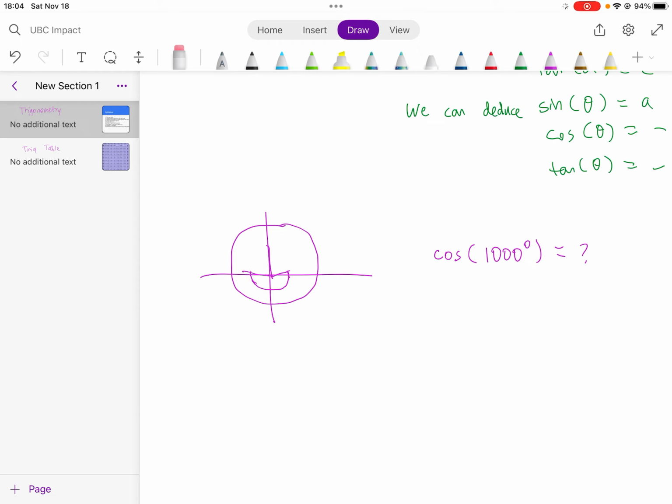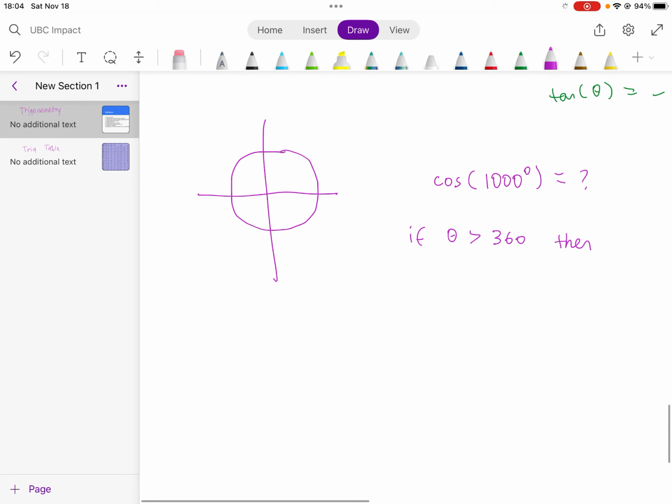I know this is a terrible explanation, but essentially, I'm using sine as an example, but this also applies to cosine and tangent. It's always equal to the sine of the angle minus 360 degrees.